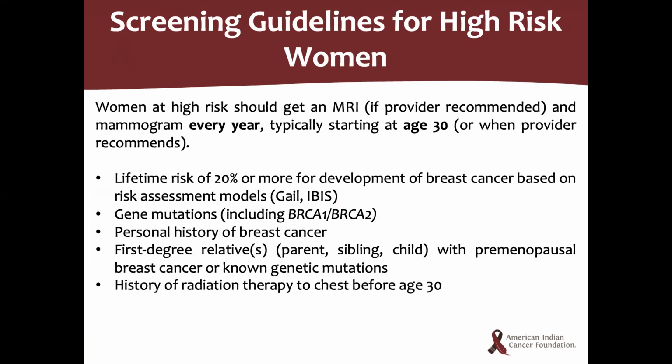If you have a personal history of breast cancer, if you have a first-degree relative, such as a parent, a sibling, or a child, especially with a premenopausal breast cancer, or known genetic mutations, or if you have a history of radiation therapy to your chest before age 30. There are more risk factors for considering yourself high risk, but that's something that an individual should talk to their provider about.